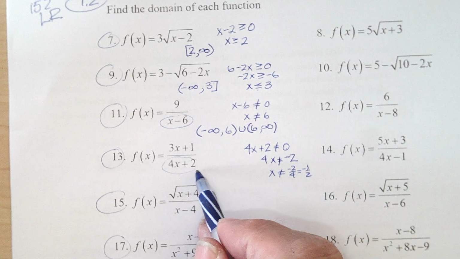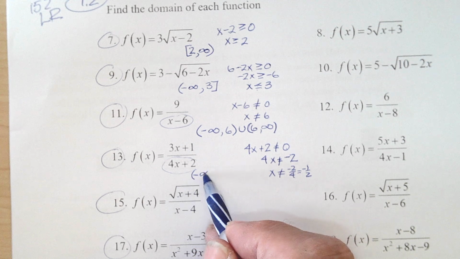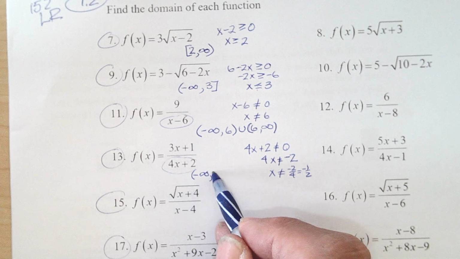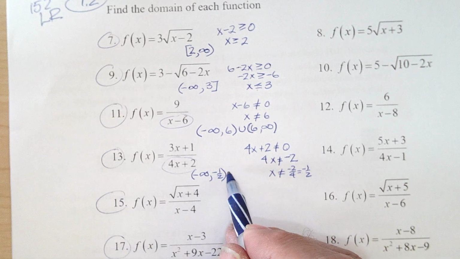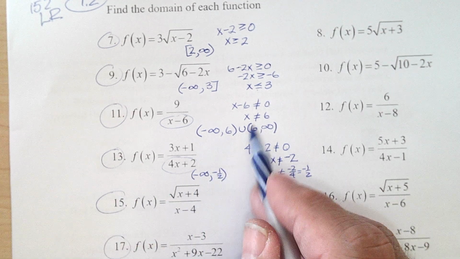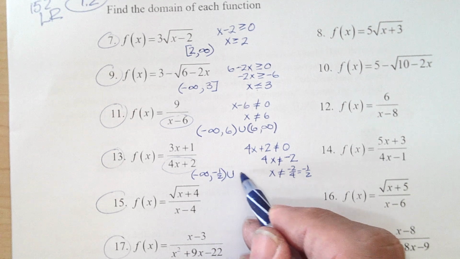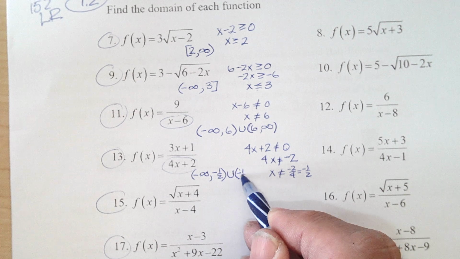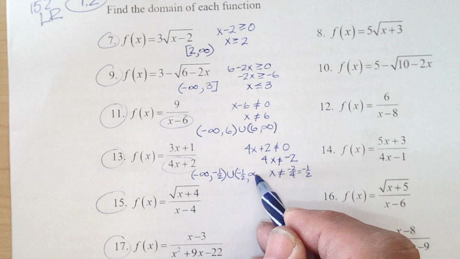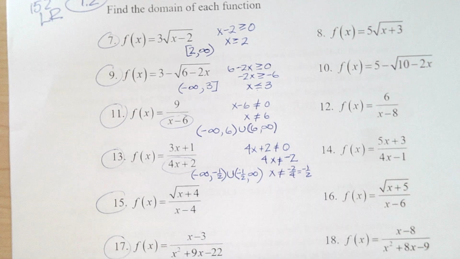So it can be anything below it from negative infinity up to negative 1/2. Always go smaller to larger on the number line, left to right, union, and we can go just above negative 1/2 all the way to infinity. We can use everything except that.